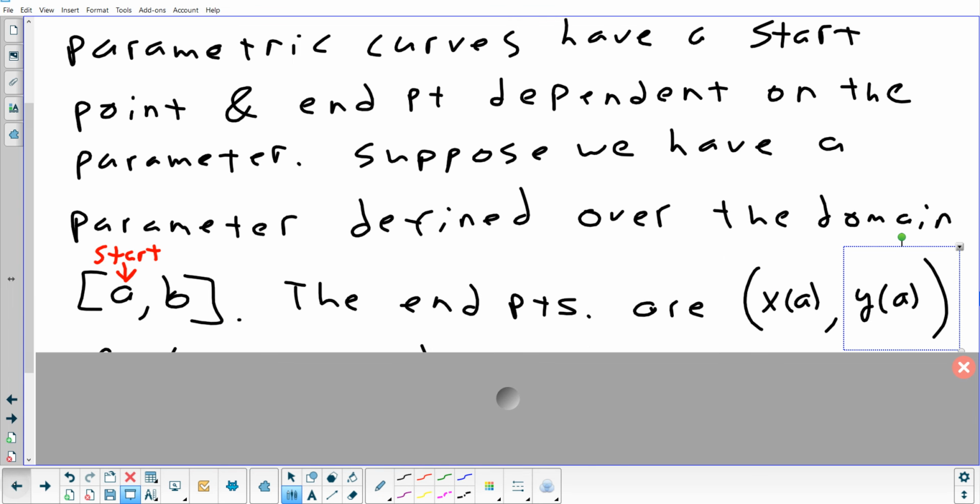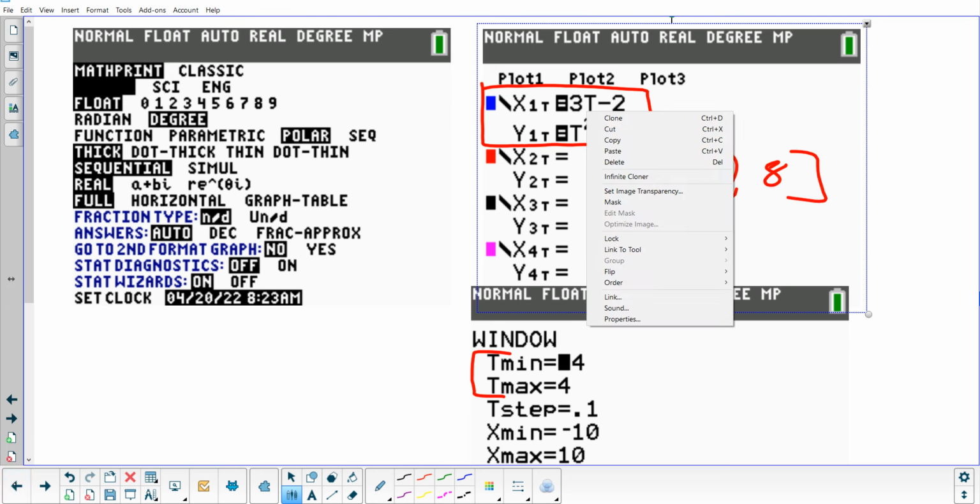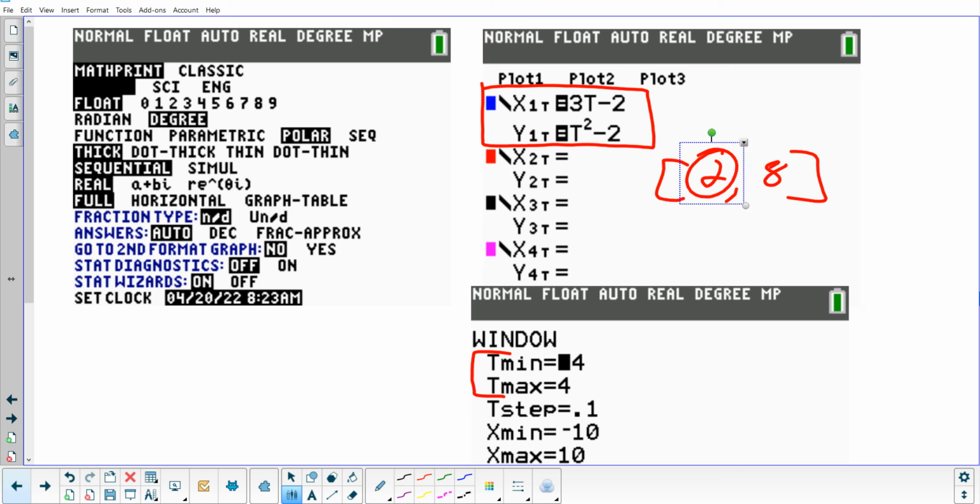So let's say, like on this one, let's say my parameter went from 2 to 8. If I wanted to find where this graph starts, that's the number that controls where it starts. I would plug that number in for t in the x formula, and then I would plug that number in for t in the y formula.